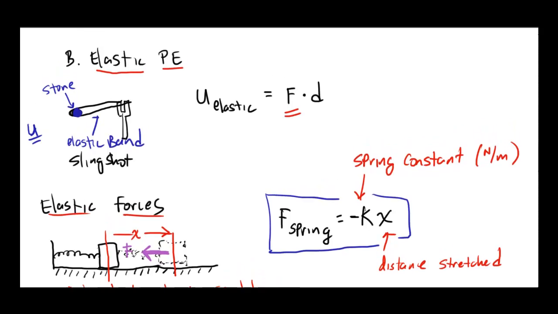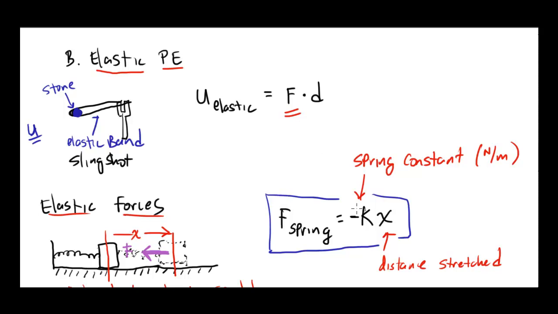So let's get back to our definition of elastic potential energy. Well, my force is given by kx, so I'd like to plug that in for F. But maybe you can see right away, I don't know how obvious this is, but we're going to have a problem if we put kx in here, because I'm going to take kx and multiply it by d. What is d? Well, d is x.